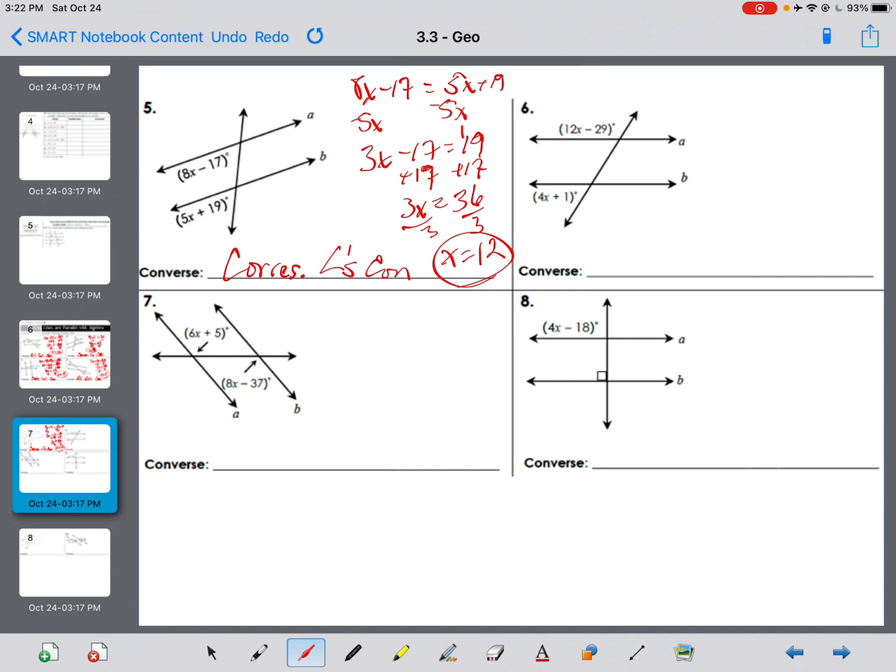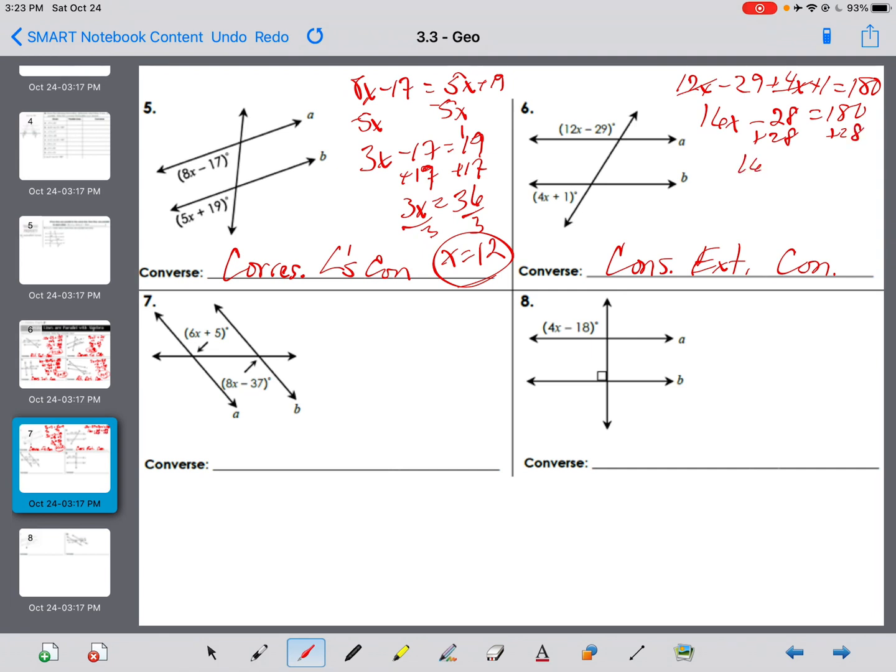Those are congruent. Now, those are on the same side but outside. So it's going to be consecutive exterior converse. And consecutives are 180. So 12x minus 29 plus 4x plus 1 equals 180. 12x and 4x is 16x. Negative 29 and 1 is negative 28.